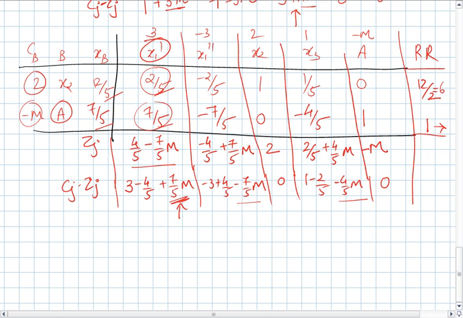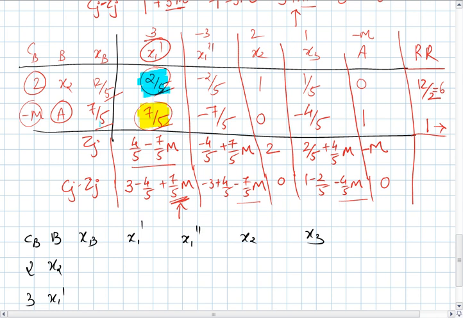So again we have to make a table: CB, B, XB, X1 dash, X1 double dash, X2, X3. Here in the basis you have X2 and X1 dash. The coefficient for X2 is 2 and the X1 dash coefficient is 3. Now this entry will be 1, where you are entering and here you are leaving the basis. So this quantity will be 1 and this quantity must be 0 by applying the row operation.